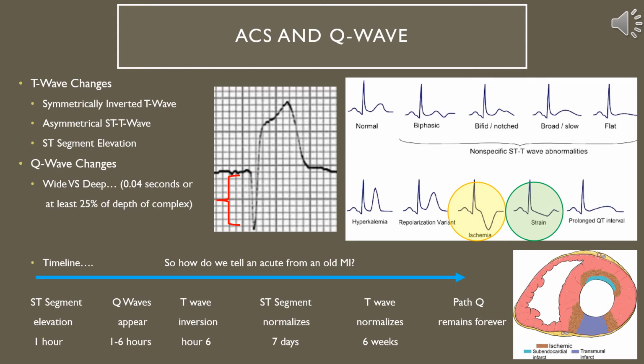Usually it occurs anywhere from the first hour or 2 of an MI event. This ST elevation MI change, or STEMI, on EKG will also be one of the first changes to return to normal. If you're looking at a timeline, the ST segment will normally normalize within 7 days. You can usually see this sometimes within 2 to 3 days, but usually by day 7 it's back to normal.